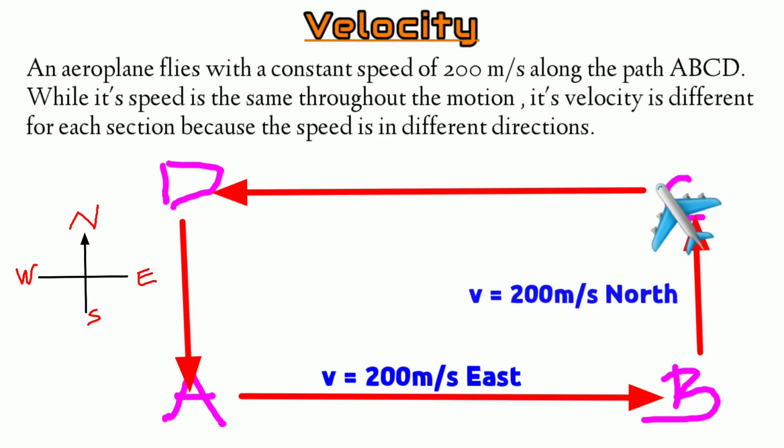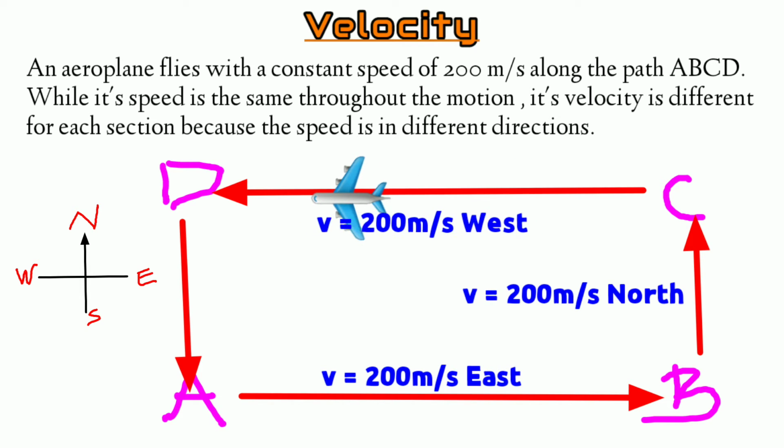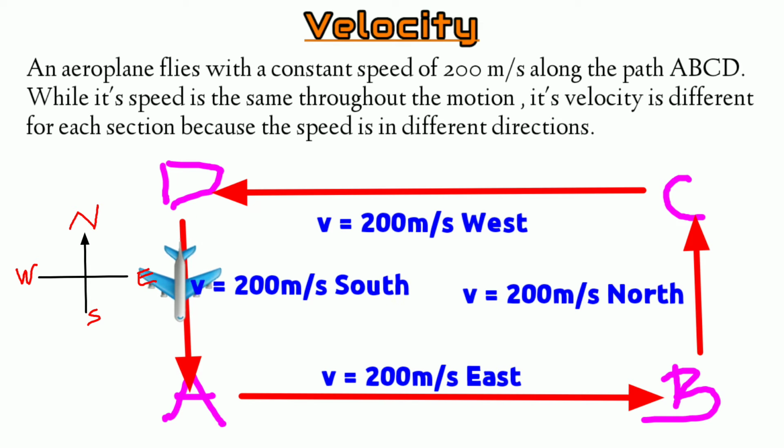From B to C, its velocity is 200 meters per second north. From C to D, its velocity is 200 meters per second west. And from D to A, its velocity is 200 meters per second south. So we have a case of the same speed but different velocities.